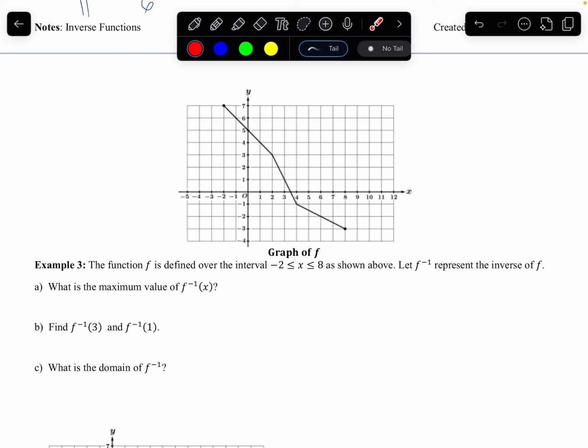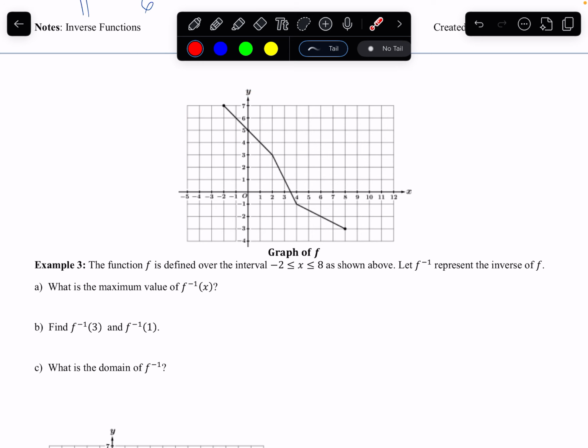All right. So keeping that in mind, what is the domain of the inverse? Well, the domain are the x's. What x's can go into the inverse? What I do is I go to f. That's not the inverse, that's just function f. And I look at the range of f.